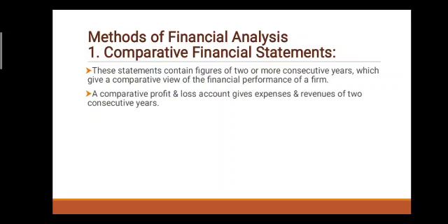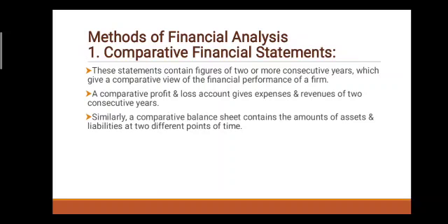A comparative profit and loss account gives expenses and revenues of two consecutive years. Similarly, a comparative balance sheet contains the amount of assets and liabilities at two different points of time, for example, on 31st March 2014 and 31st March 2015.